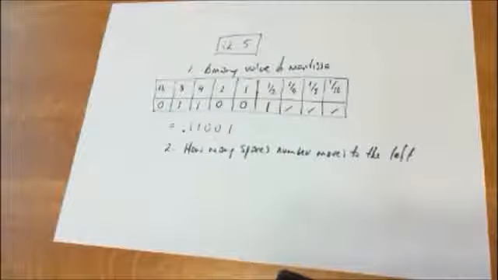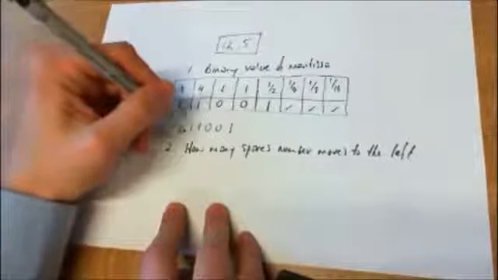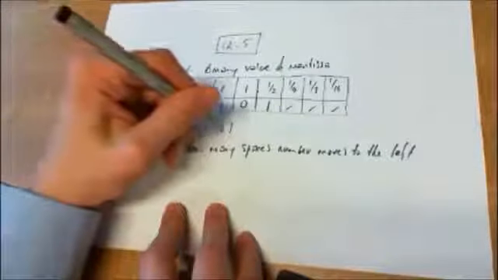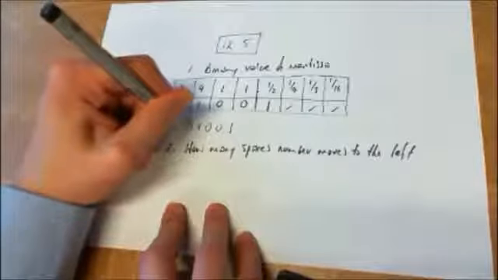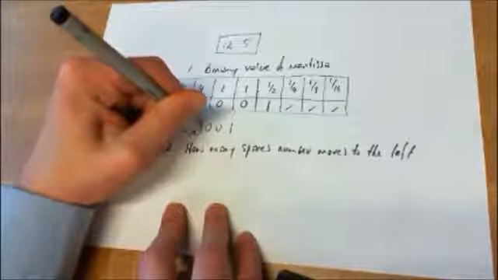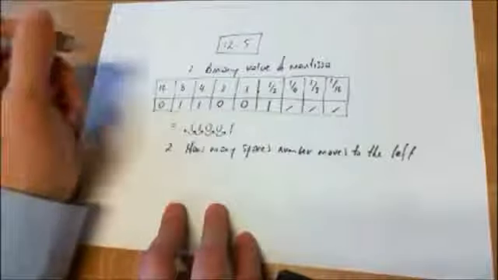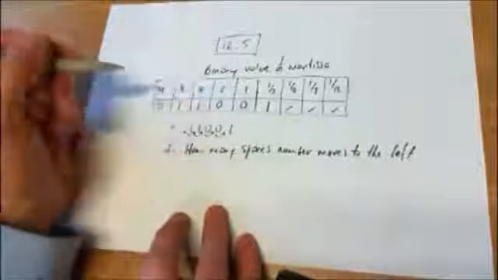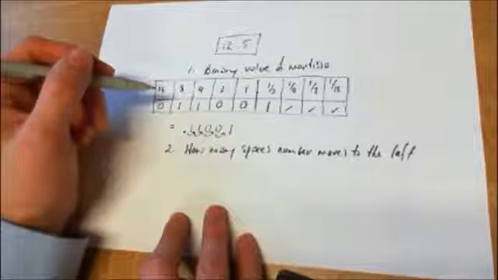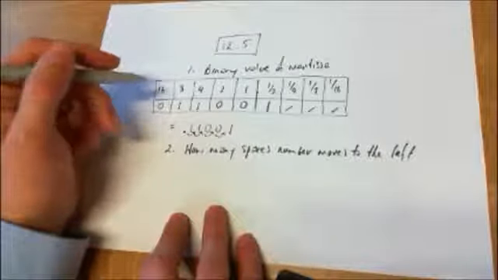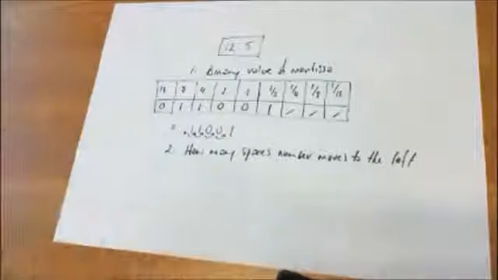Let me just change pens for a second. Our decimal point has to move to there. So that's 1 space, 2 spaces, 3 spaces, 4 spaces to the left. Okay, so the numbers have to move 4 spaces to the left to get back into its original sequence.